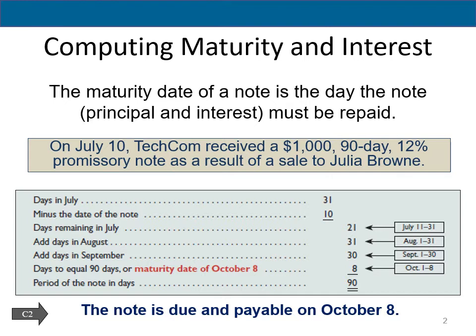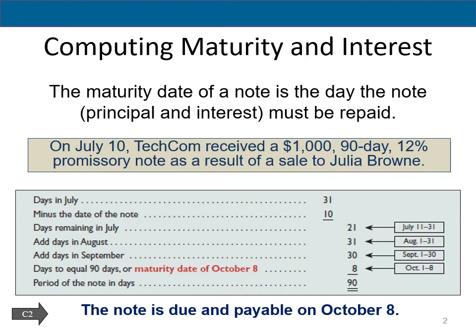So here we have a computation of the maturity date. Days in July, 31. The note was made or signed on the 10th.